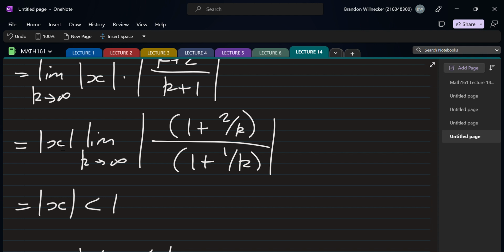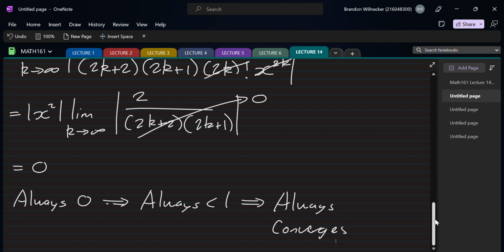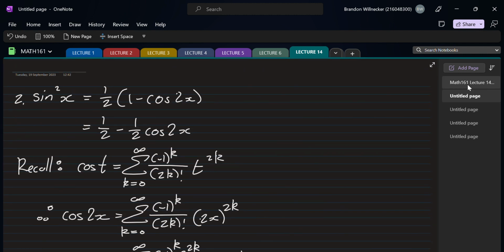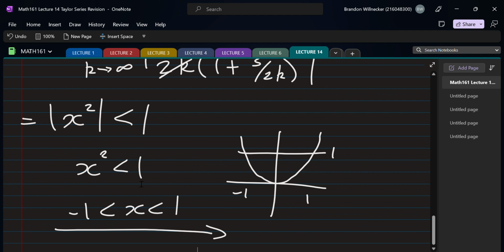Yeah? This one, yes. Here, x squared is less than 1, and you wrote minus 1 is less than x instead of x squared.